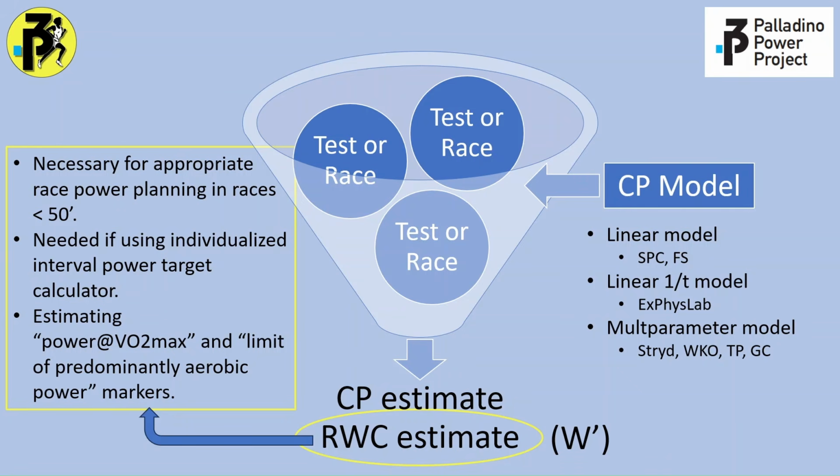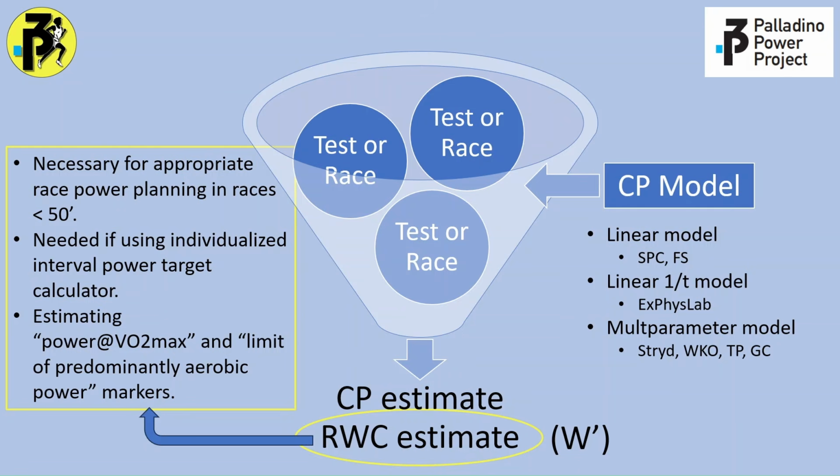If you're using that as a rough guide, that power will typically be within 2%, plus or minus, of your actual. And the limit of predominantly aerobic power is a little bit higher intensity. That's about 80 to 90 seconds duration. So your 90-second power, let's say.